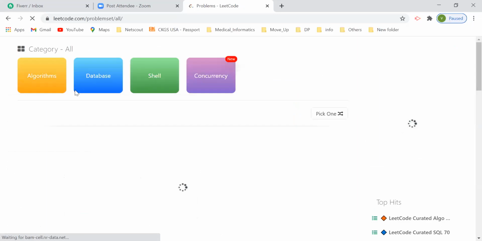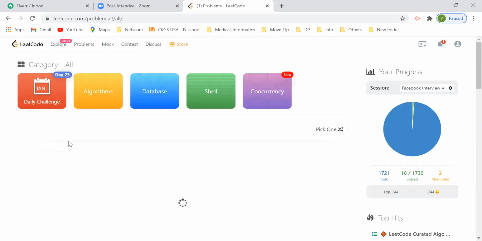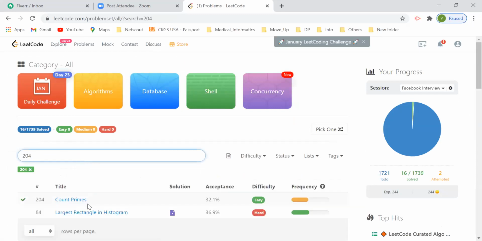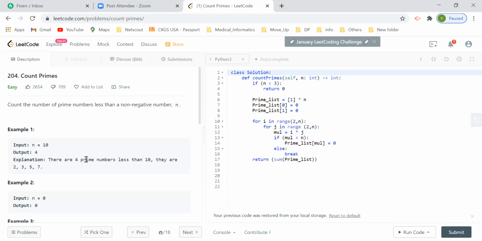Okay, what is the next problem? The next problem, let me check. The next problem is question 204. Question 204, right? Okay. Count the number of prime numbers less than a non-negative number, right?